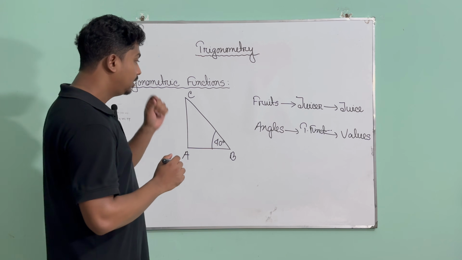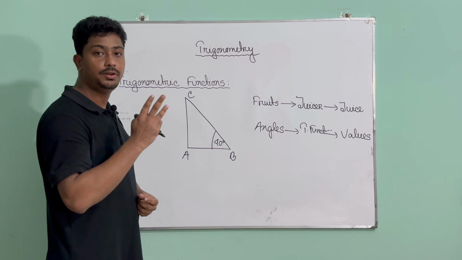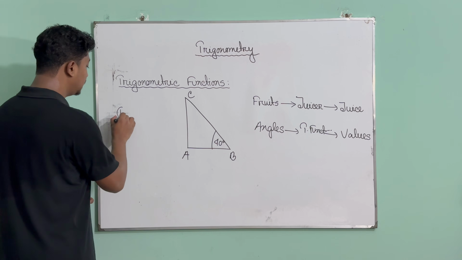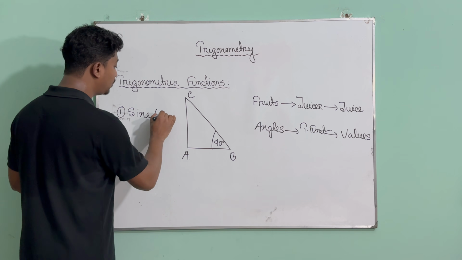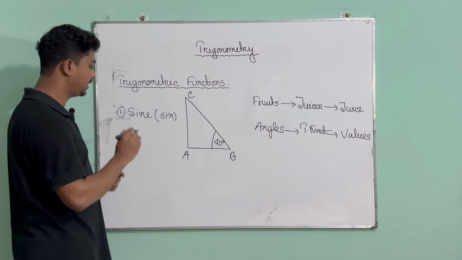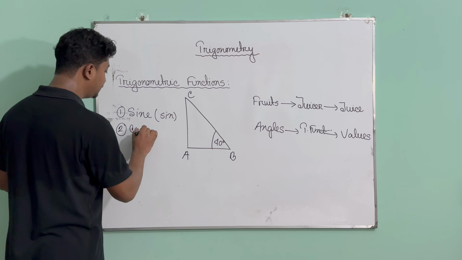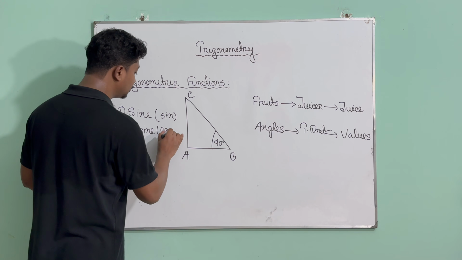Now in trigonometry, here we are going to talk about three kinds of functions, three kinds of machines, right? First of all, the first function is called the sine function, and in the short form we are going to use sin. Okay, it's not sin, it's sine. Number two, we are going to use another function called cosine, and in short form we are going to call it cos.